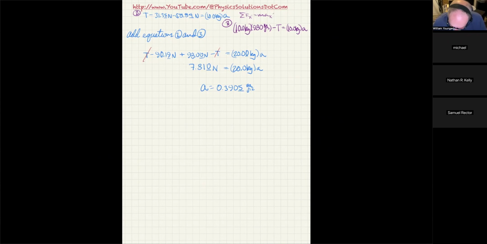T minus 90.19. That looks right. And 10 kilograms times 9.8 would be 98. That's right. And there's T, so that looks right. No one find any errors with this?